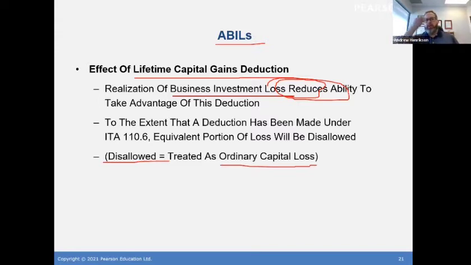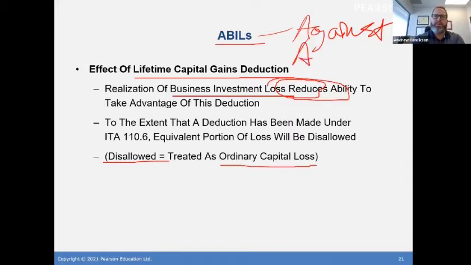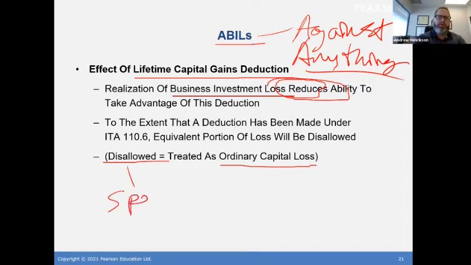So again, the big benefit of the ABIL is that you get to claim it against anything. Scribble this down. Against anything, any source of income, all of our sources of income. We don't have to put that loss against a capital gain. So when we say disallow, we just mean we're disallowing the special treatment.